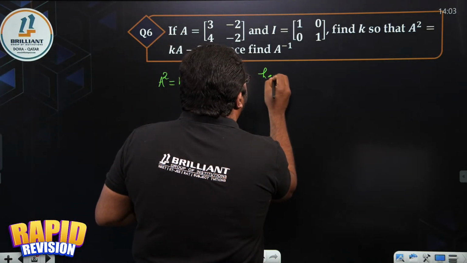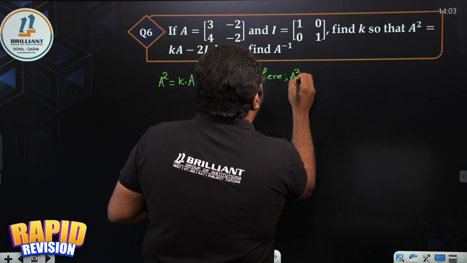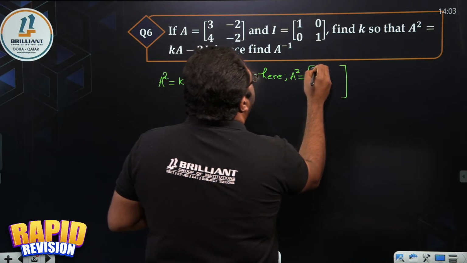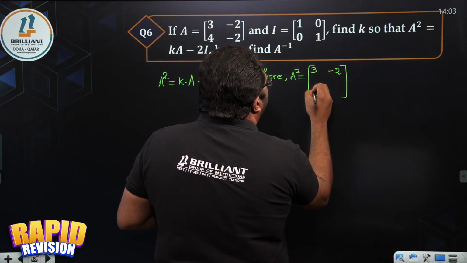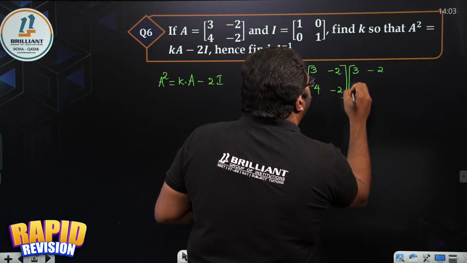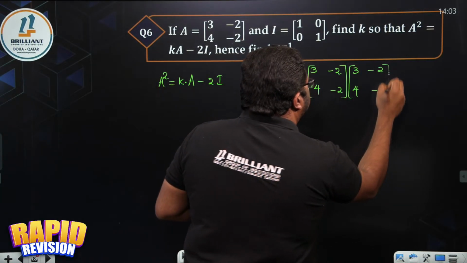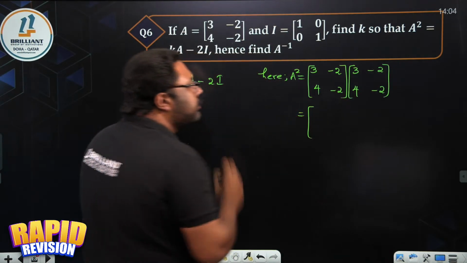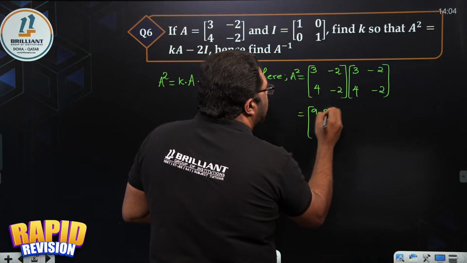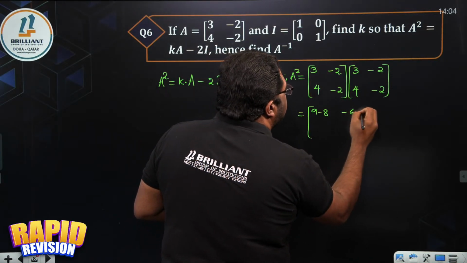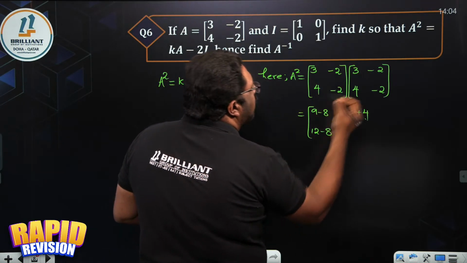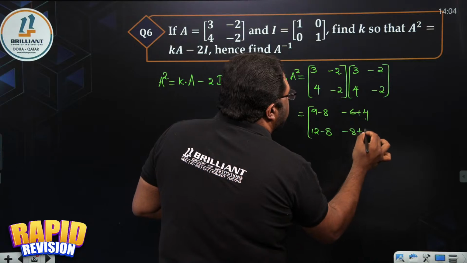Here, what is A squared, all of you? A squared means I am trying to find the product of a matrix 3 minus 2, 4 minus 2 with itself, 3 minus 2, 4 minus 2. Do the product, all of you. You will get 9 minus 8, minus 6 plus 4, 12 minus 8, minus 8 plus 4.